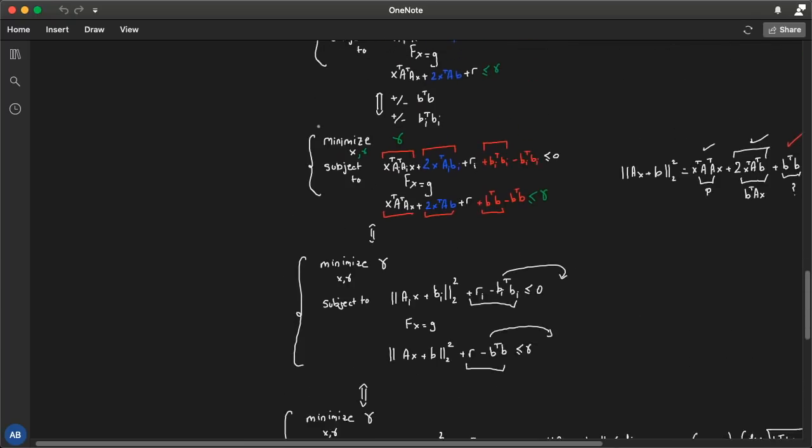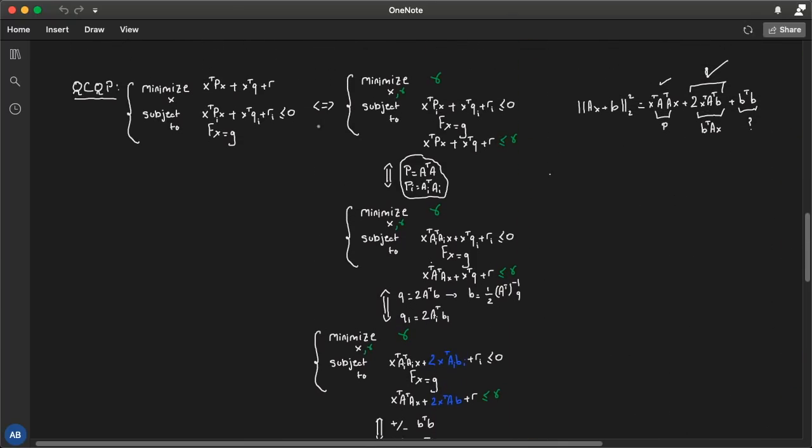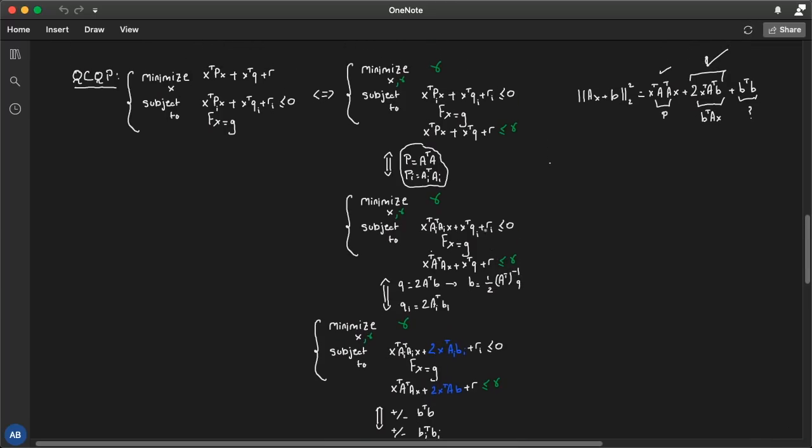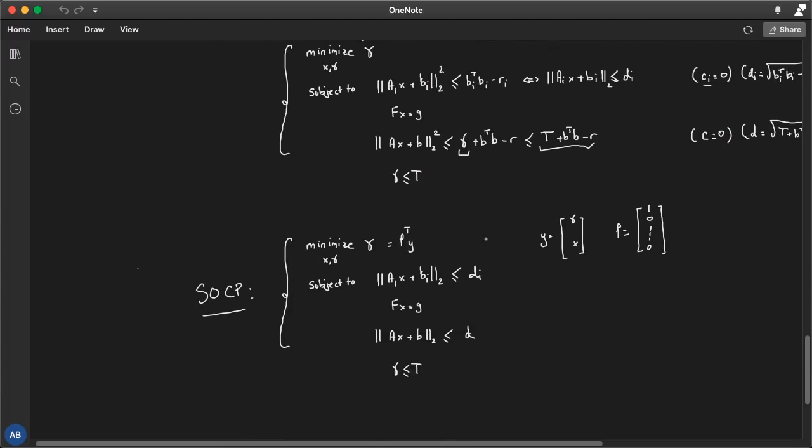And we also showed how to write down the parameters of the SOCP in terms of the QCQP. So my A is the matrix square root of P, and my B could be computed from A inverse and Q, so that you could solve your QCQP using the SOCP formulation.